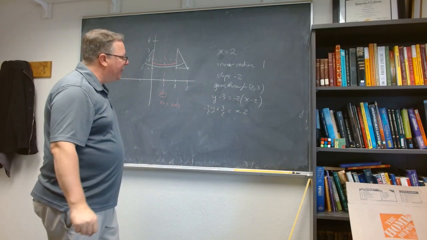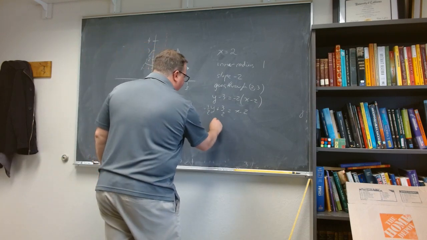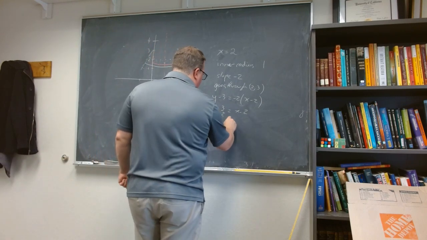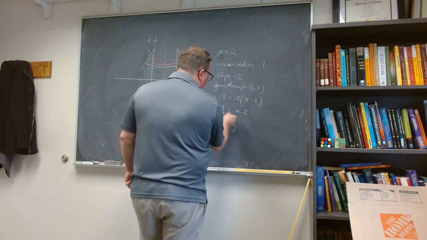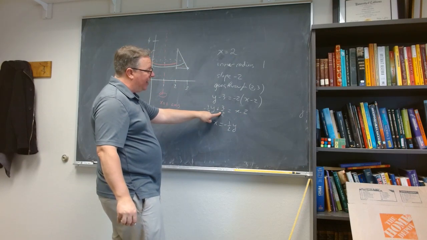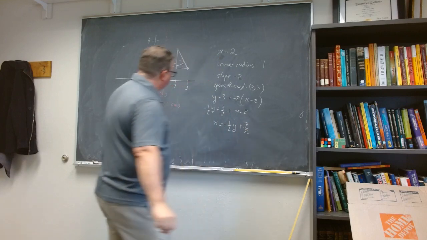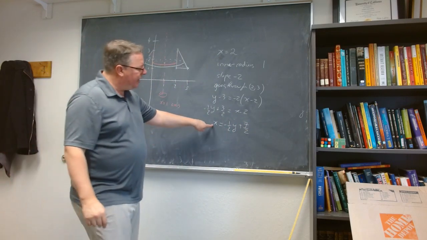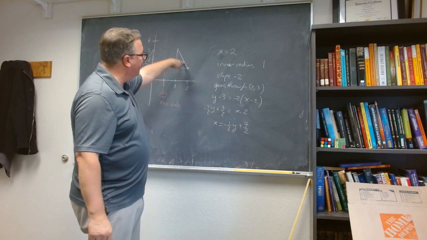And now I'm just going to add 2 to both sides. And so here I get x equals -1/2 y. And then when I add 2 to 3/2, I'm adding another 4/2 to it. So that's going to be plus 7/2. So this is going to be my function, x as a function of y, for the outer line.